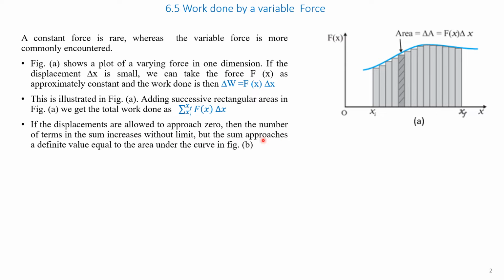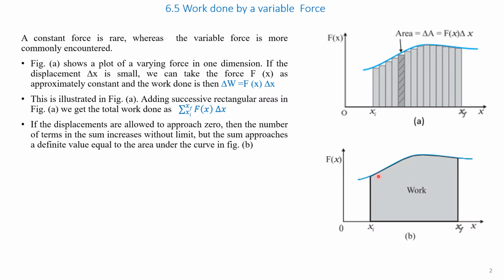But the sum approaches a definite value equal to the area under the curve in figure B. The same thing is plotted in curve B here, with the total displacement taken between xi and xf, and the plot represents the work.